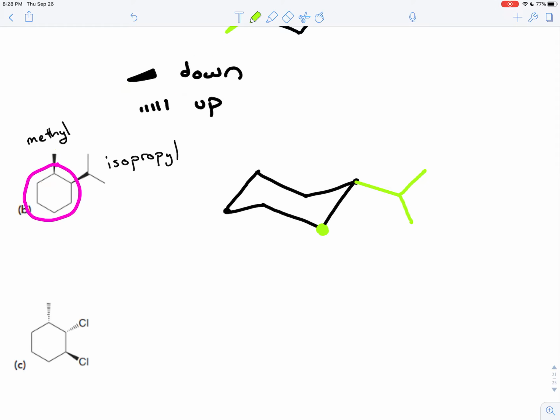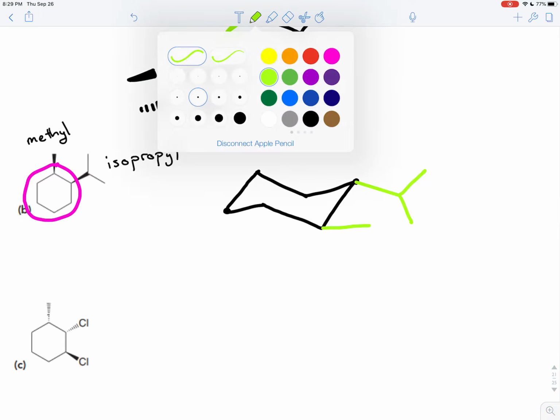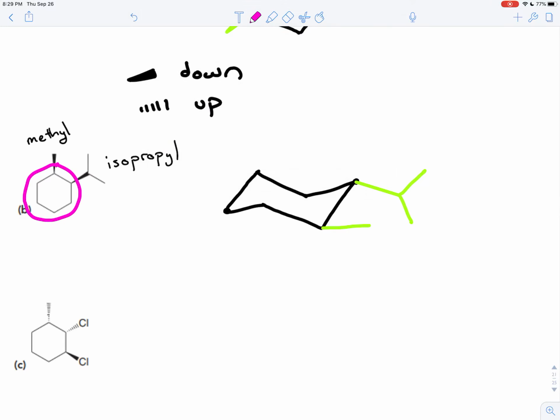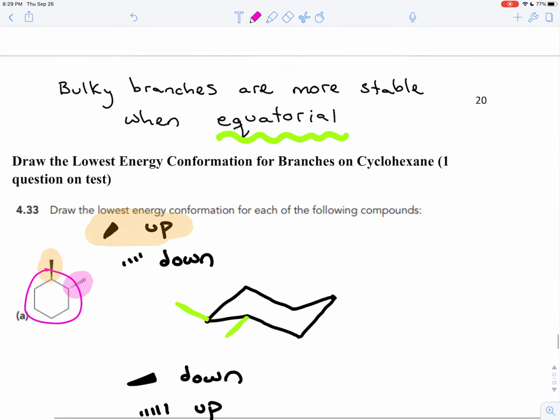But is the down position on this next door carbon axial or equatorial? If this carbon is equatorial down, then the carbon next door switches. This would be equatorial up. Every carbon has an axial and an equatorial position, so if that's equatorial up, then it has to be axial down.